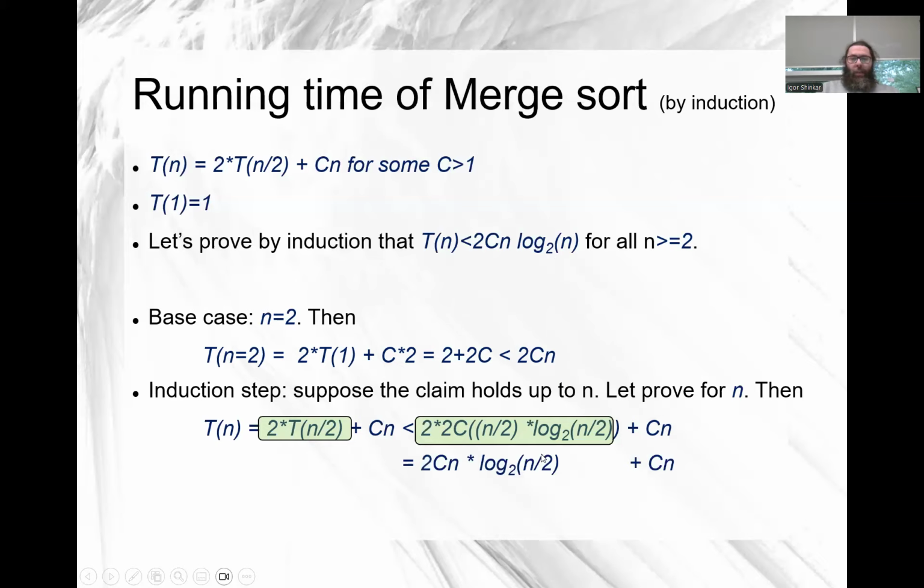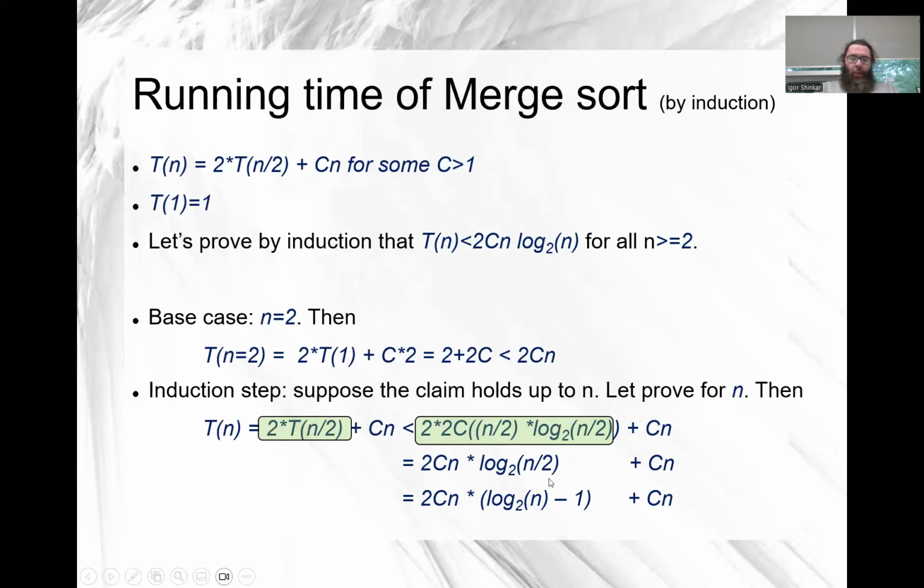Okay, let's see. So what's going on here? We have 2 times 2C times n over 2, so it's just multiply by 2, divide by 2, so it's 2 times C times n times log of n over 2 plus C n.